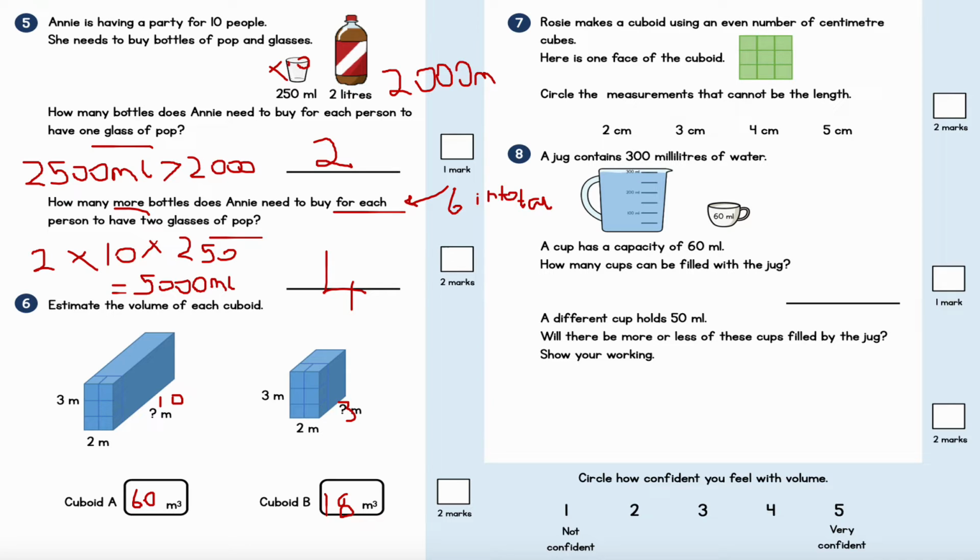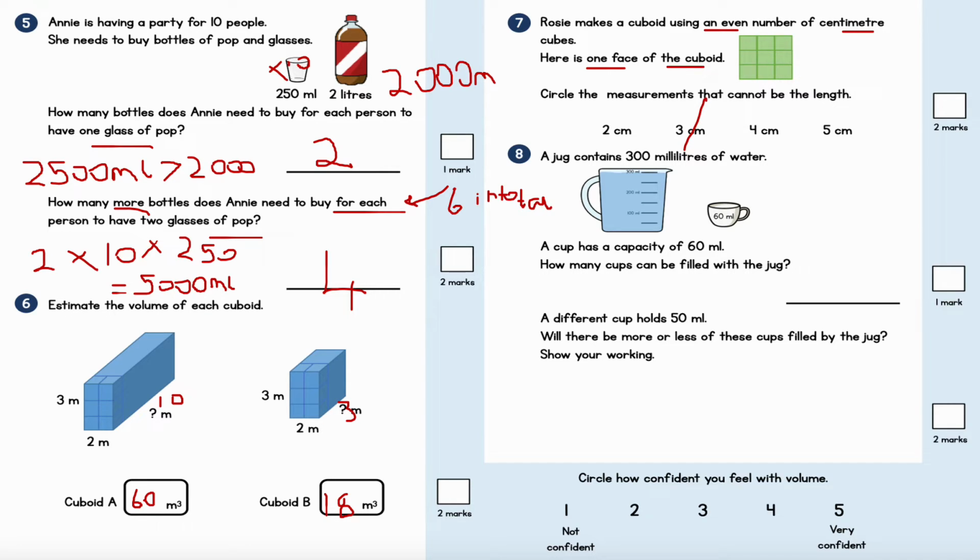Rosie makes a cuboid using an even number of centimeter cubes. Here is one face of the cuboid. Circle the measurements that cannot be the length. So it can't be 3 yet because it has to be a different measurement.